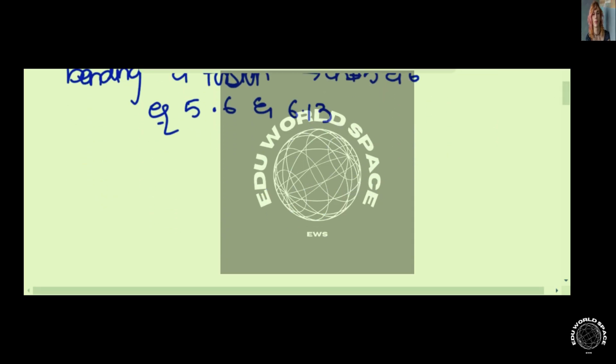Equation 5.6 is for torsion: sigma equals T times rho divided by J. And this is equal to negative M times y divided by I.